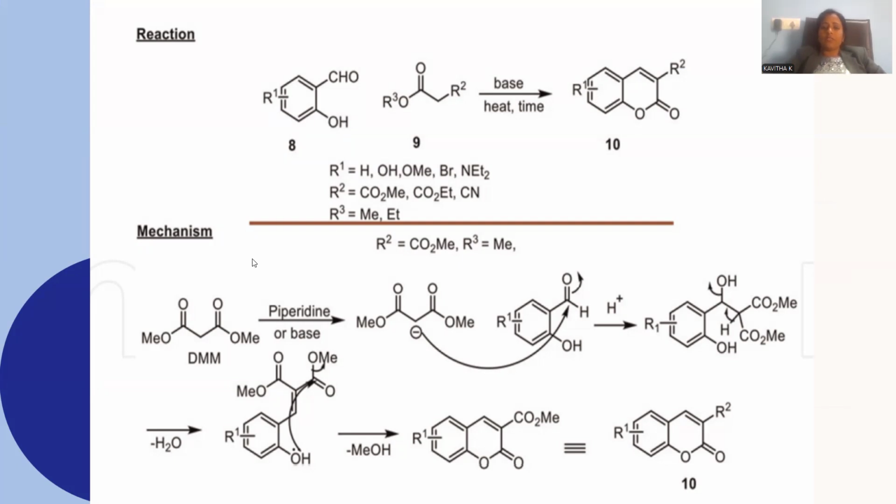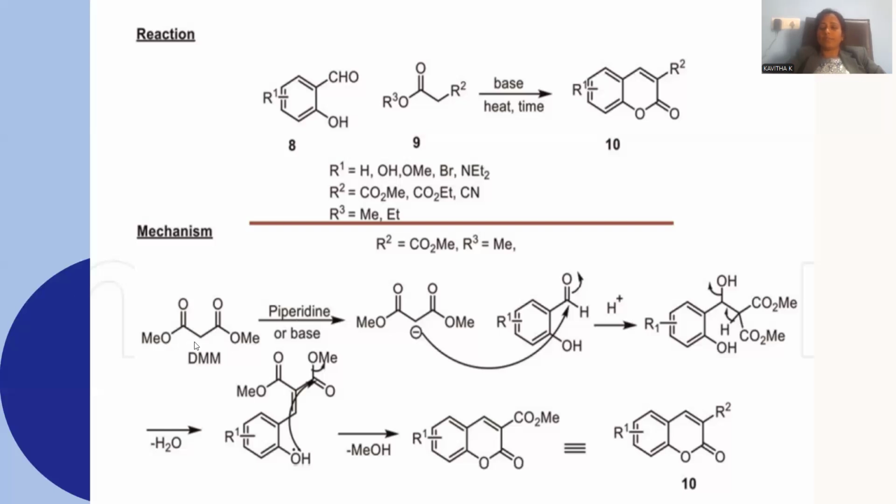So in order to achieve this reaction, initially we take dimethyl malonic ester. Dimethyl malonic ester was taken here, and that is to be treated with piperidine. Piperidine is a base, right? Being an active methylene compound, it is more susceptible to release the H positive, giving rise to a carbanion.